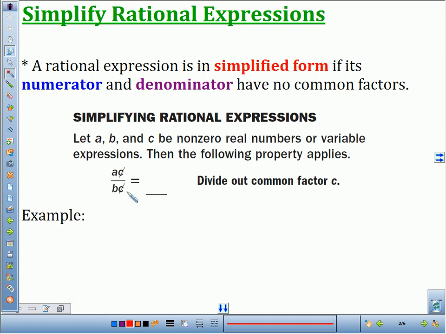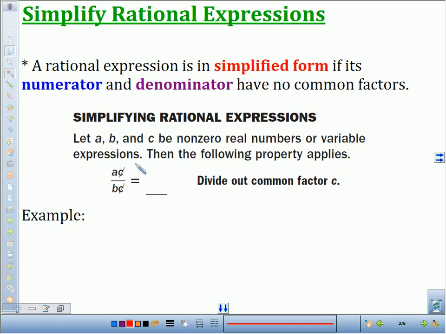This is just like a fraction, right? We always have to reduce our fractions, and we have to reduce our rational expressions. Now, the way that we simplify them is actually exactly the same as the way we simplify fractions.